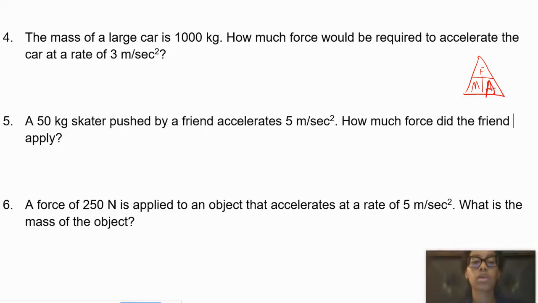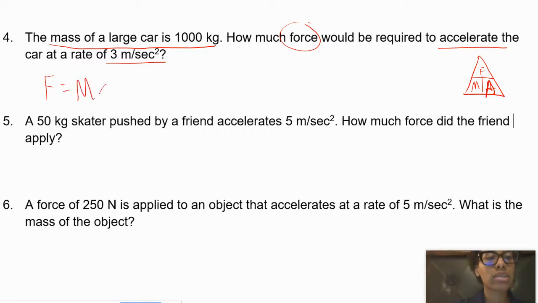The mass of a large car is 1,000 kilograms. How much force would be required to accelerate the car at a rate of 3 meters per second squared? Once again, I am solving for force. So force is equal to mass times acceleration.